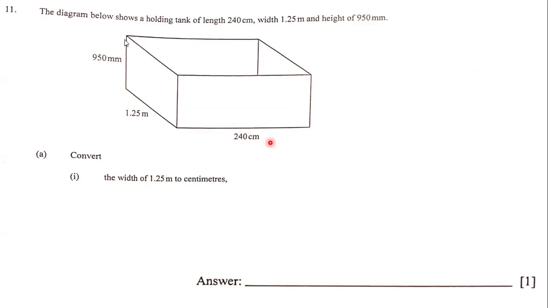So the first thing you have to do is trace. So we're gonna trace this. Trace that. I might not be a good artist, I know. And then you're gonna trace this. And then you're gonna trace this.